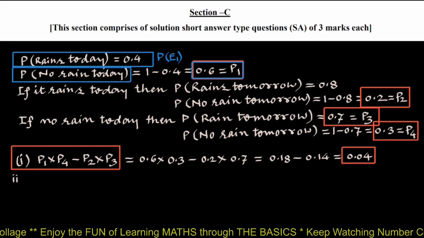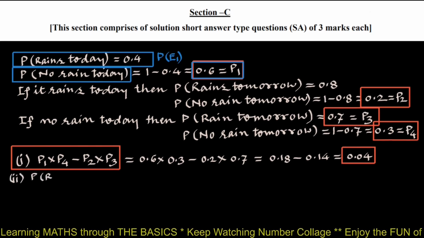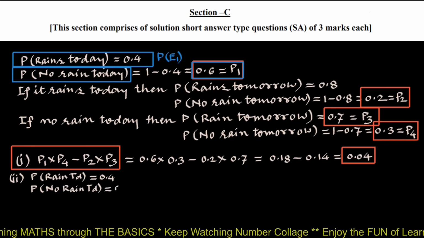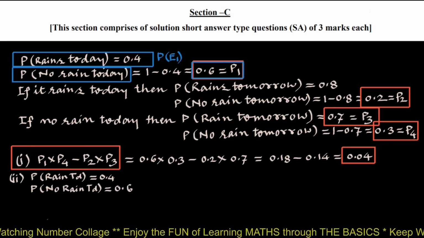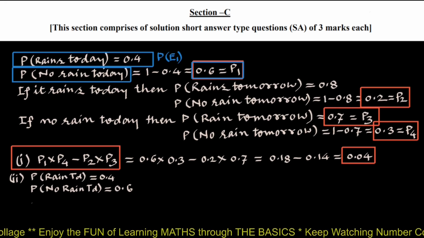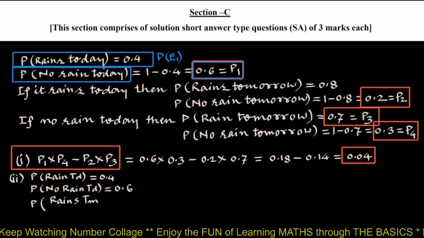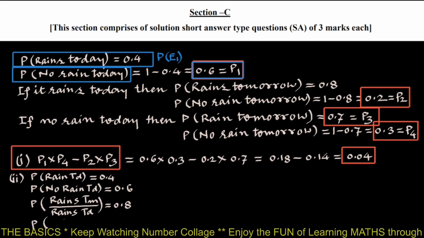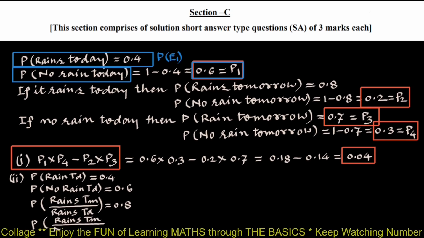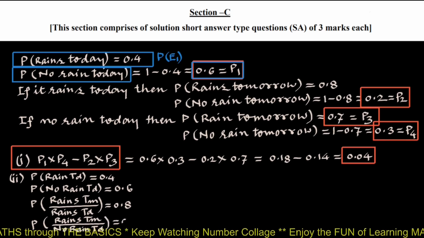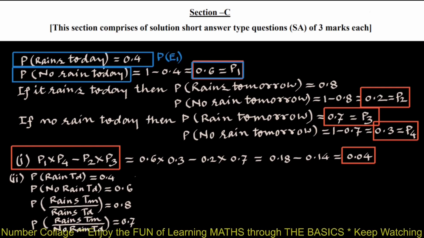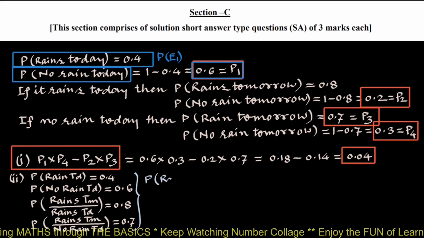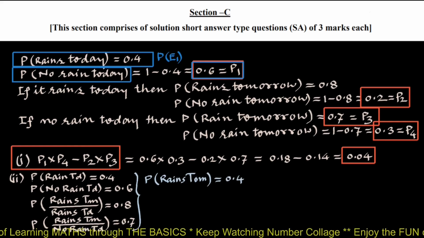For the second question, we have probability that it rains today equals 0.4 and probability that there is no rain today is 0.6, and the conditional probabilities as have been given are probability that it rains tomorrow provided it rains today is 0.8 and conditional probability that it rains tomorrow provided there is no rain today is given to be 0.7 above.